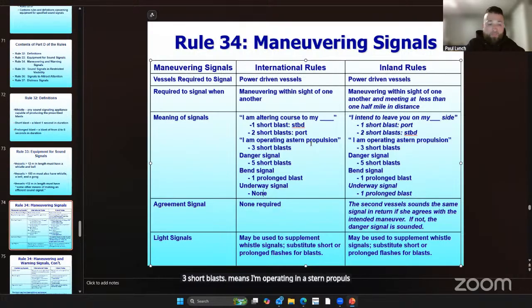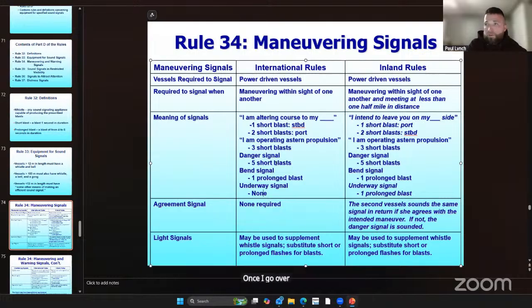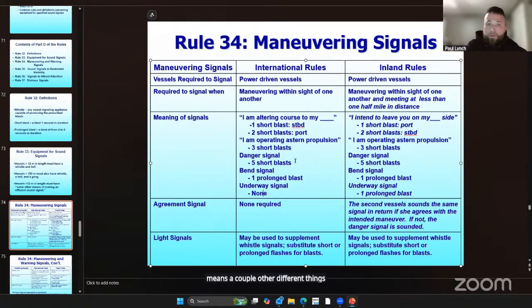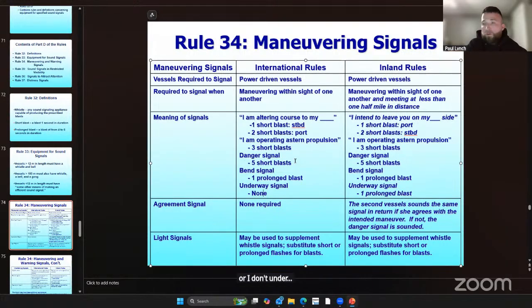That means you're backing away from a dock. Once I go over these other ones, I'll give examples of these. The danger signal means a couple other things too. It's the danger signal, or it says I disagree with your proposal, or I don't understand your intentions.